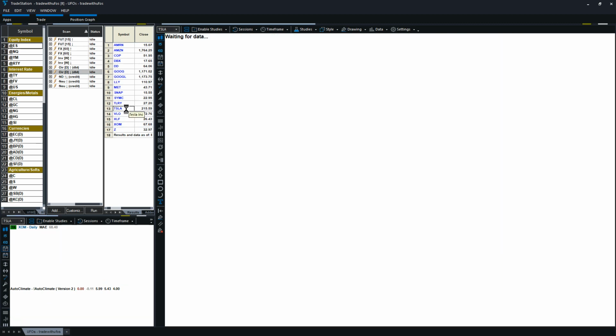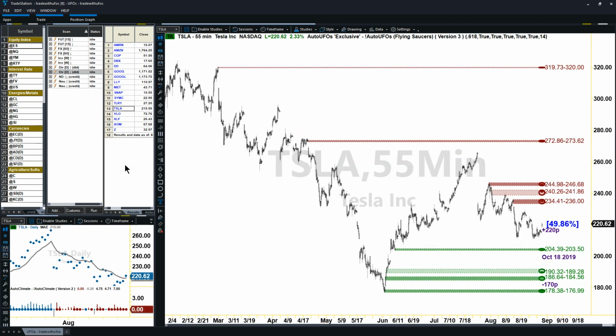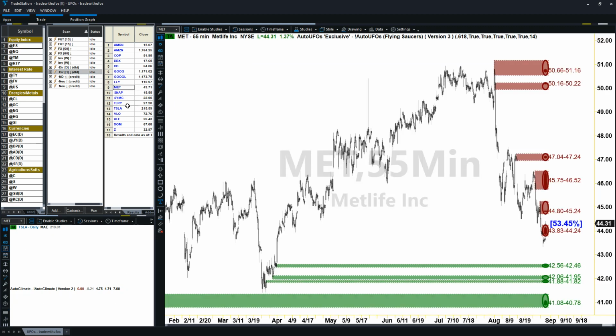Tesla. Let's see what's happening with Tesla. Confirmed climate also above the average, so not so good. What about MedLife? By the way, I skipped Valor Energy. So MedLife is in a confirmed climate, 4 candles into the climate.